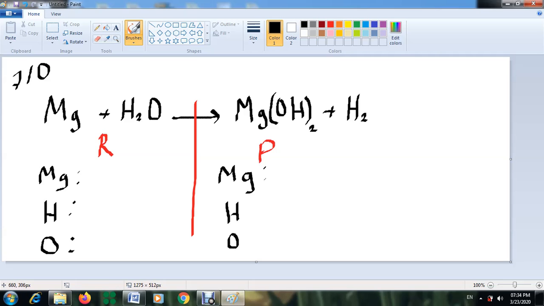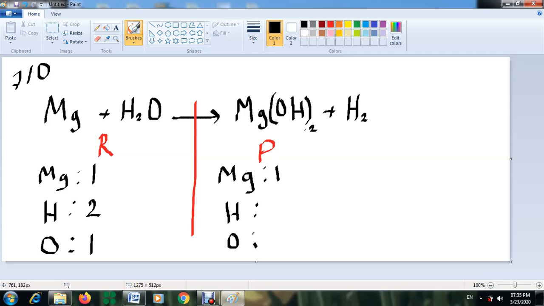To start solving this one, I'm going to start for sure with metal. Metal here is magnesium. Or actually we have to put number of atoms first. Number 1 magnesium. We have 2 hydrogen atoms in the reactants and 1 oxygen atom. In the product we have 1 magnesium atom. The subscript 2 in OH by 2 is for both hydrogen and oxygen.